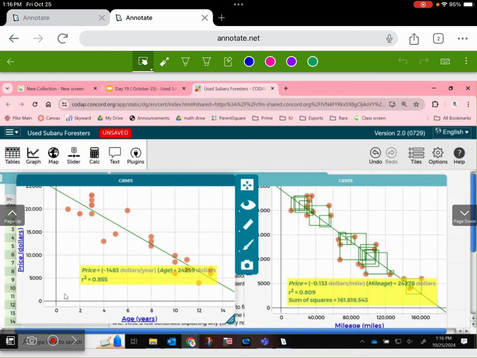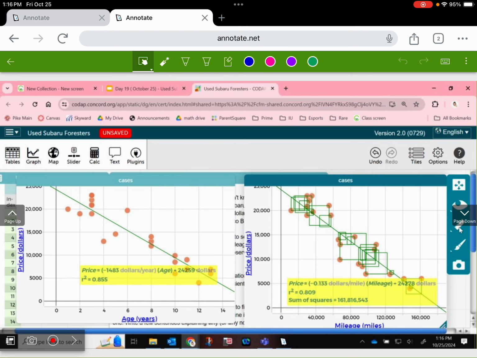So which of these relationships is a better one to use to estimate the cost of our car? Which one of these is stronger? I'm going to turn off my squares.